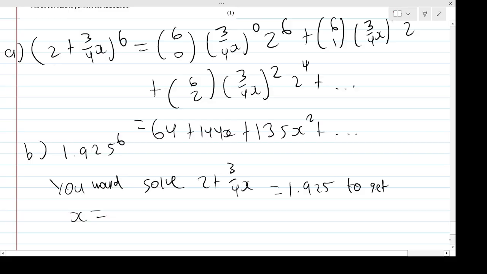Well, if I solve this, 3 over 4x is going to equal 1.925 take away the 2. And then if I divide by 3 over 4, I get x is minus a tenth, so minus 0.1.